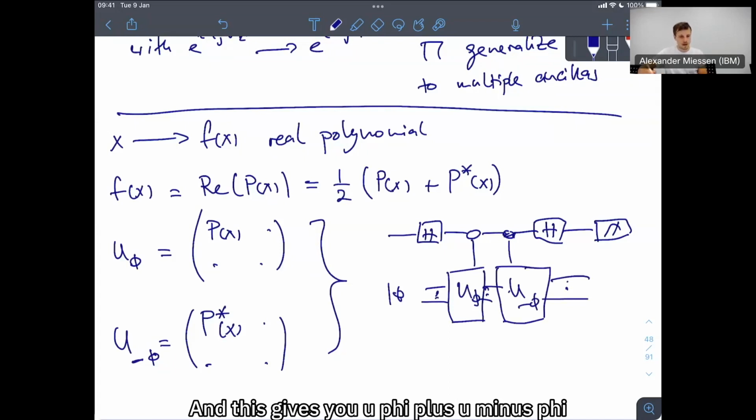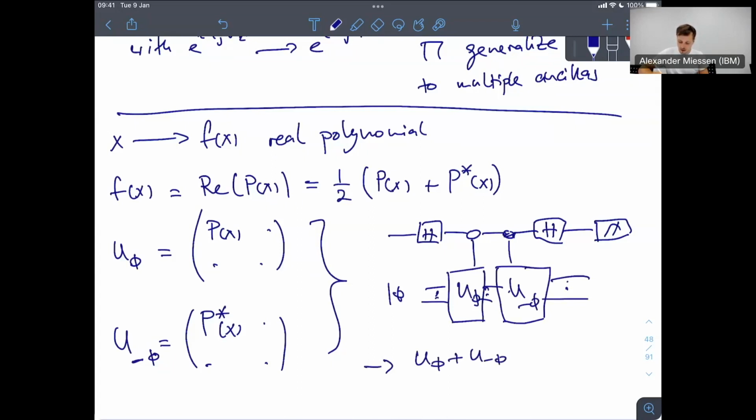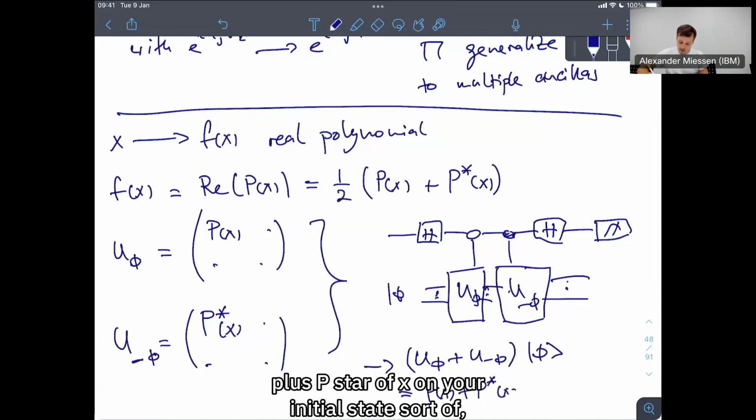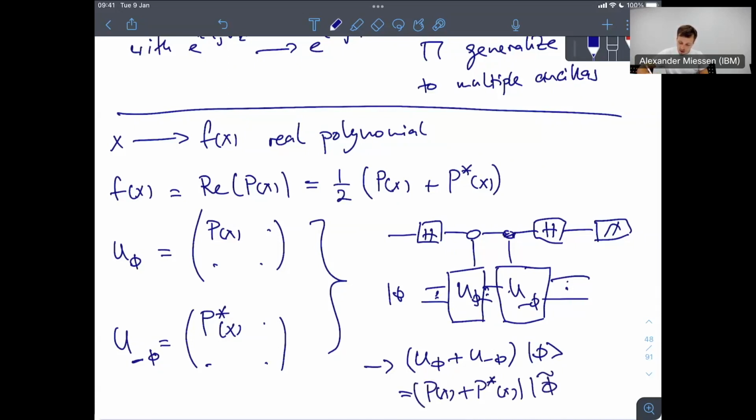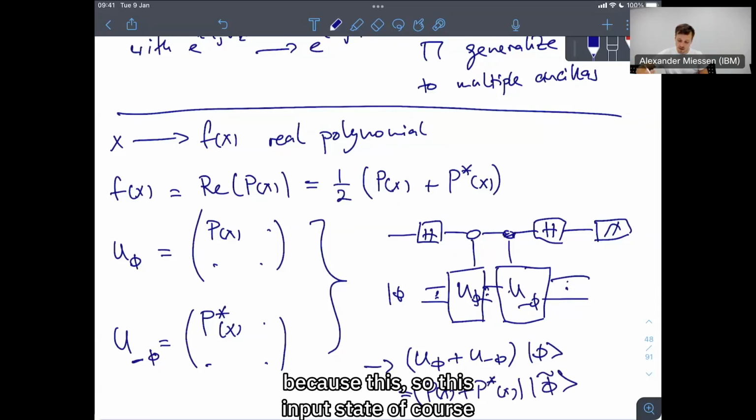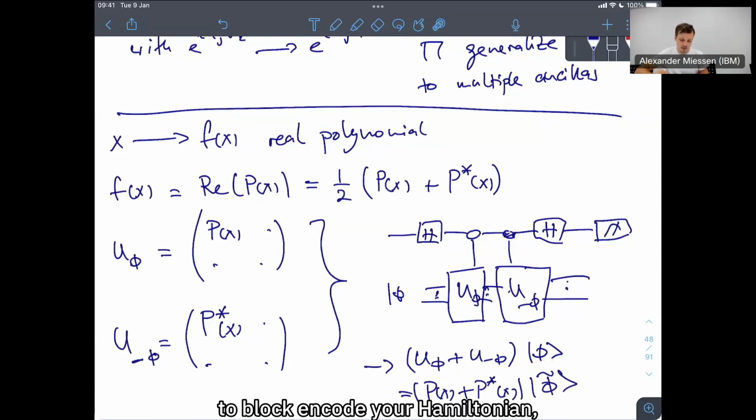This gives you u phi plus u minus phi on your input state, which is equal to p of x plus p star of x on your initial state, sort of, because this input state also includes the ancillas that you need to block encode your Hamiltonian, and this one doesn't.